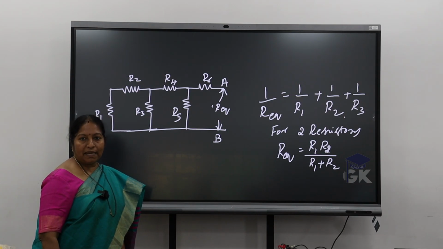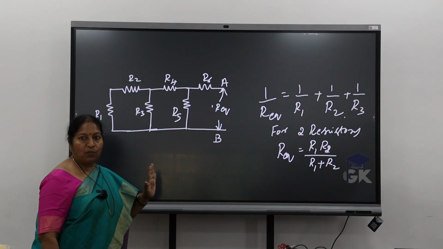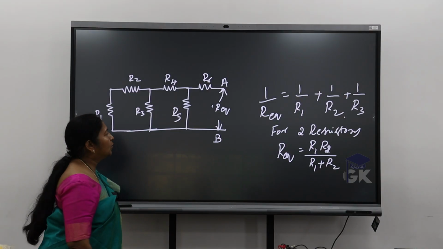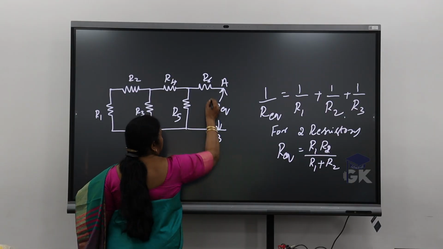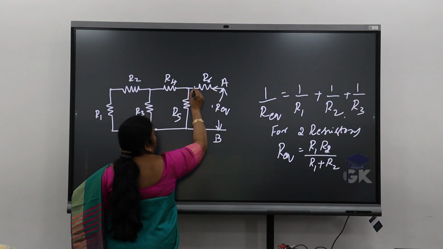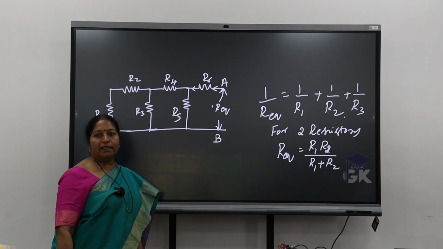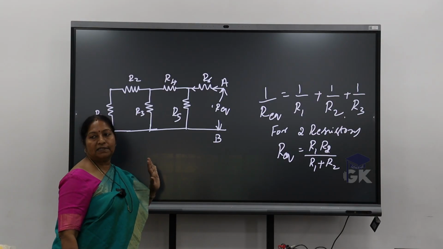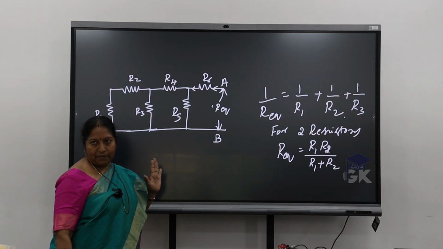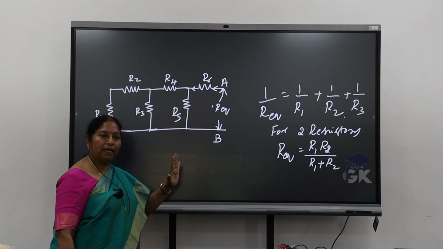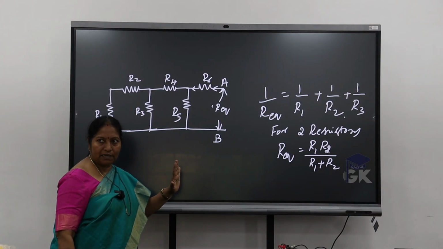Looking into the terminals AB, I just want to find out what the equivalent resistance is. Start from this point. Now I see that the current is flowing through R3 first. I'll check it by looking into the terminals AB, because I want an equivalent resistance across the terminals AB.